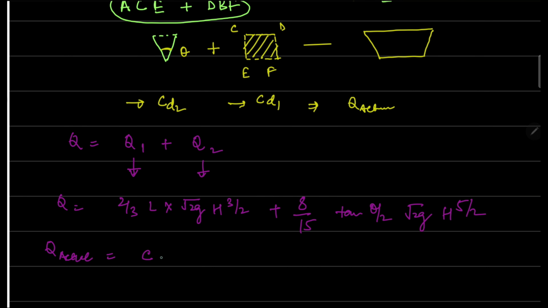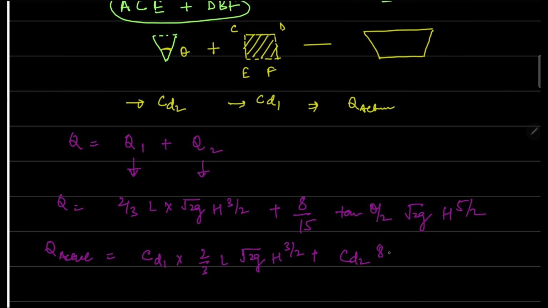So if we consider that this is different for these two different shapes, this is CD1 multiplied by 2 by 3 L under root 2g h raised to the power 3 by 2, plus CD2, the coefficient of discharge for the triangular section.